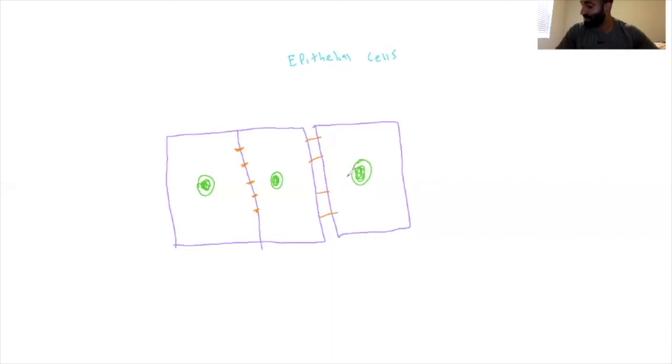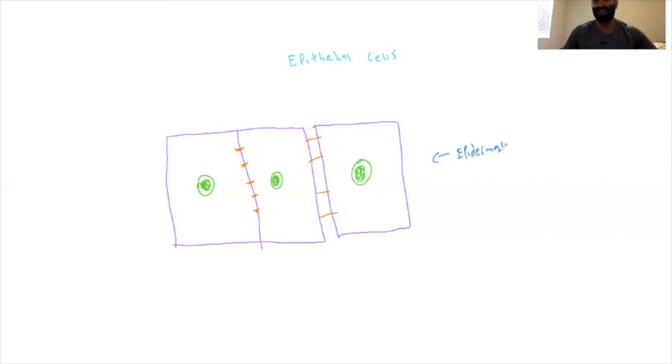Now, the first thing that we're going to talk about is the difference between secretion and absorption. So I'm going to go ahead and say that these are cells of the integument. These are cells of the epidermal layer.